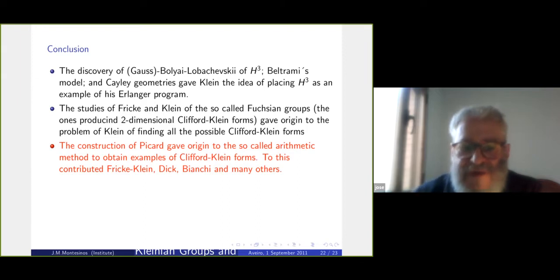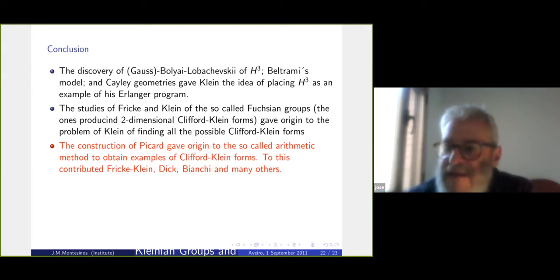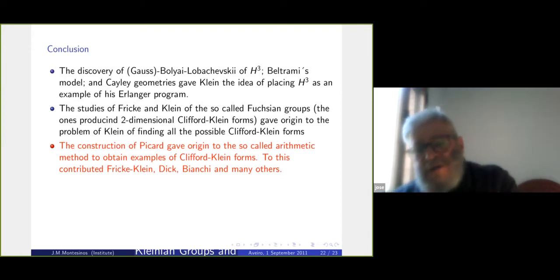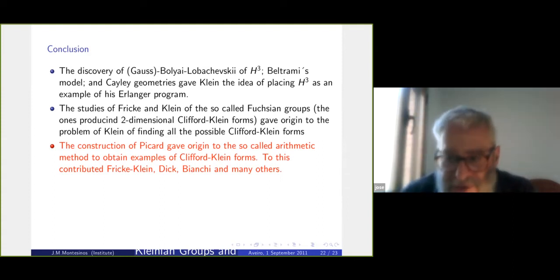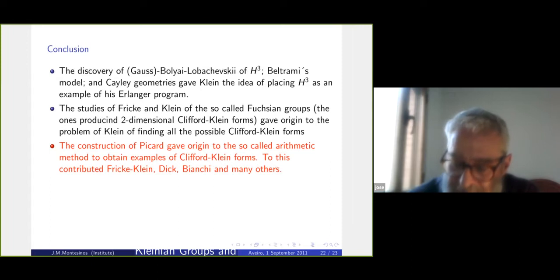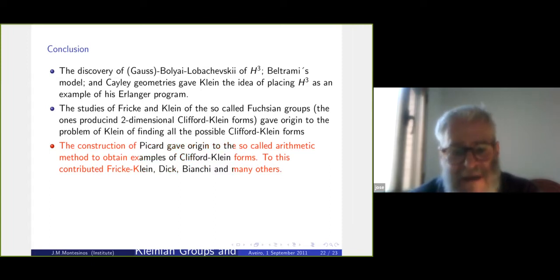To this contributed Fricke, Klein, Dyck, Bianchi, and many others in beautiful papers that you can find in the German journals of the time, especially in the Mathematische Annalen, and also in the Italian journals of the time by Bianchi, who was a professor at the celebrated University of Pisa.